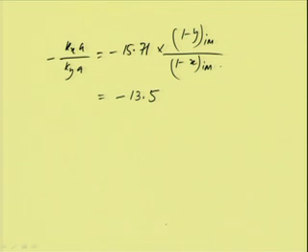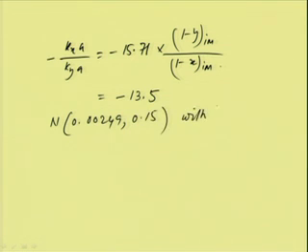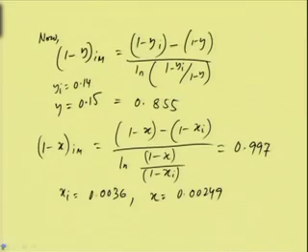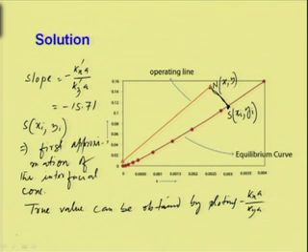Now, if we start from point N, which is x equal to 0.00249, the upper terminal point, with slope minus 13.5, it will give the true value, which meets at S1.